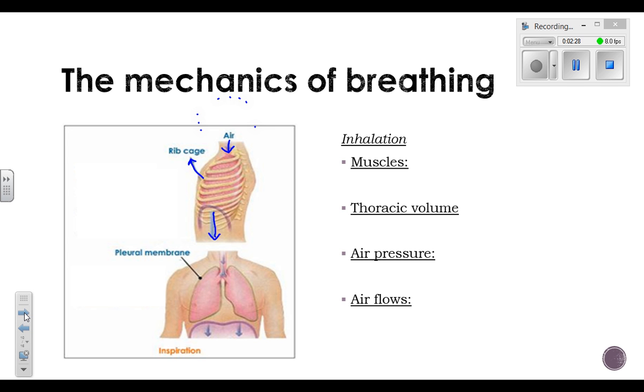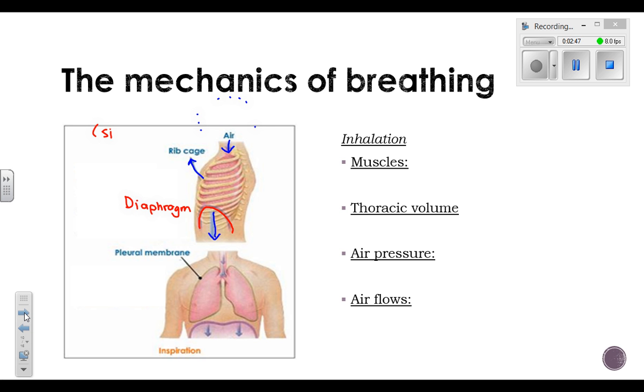Now, just like on the pictures we saw yesterday, sometimes we don't actually draw your whole diaphragm because it would cover up the whole picture. So on this picture, where we're looking sort of at the side view of a person, the red part is their diaphragm.